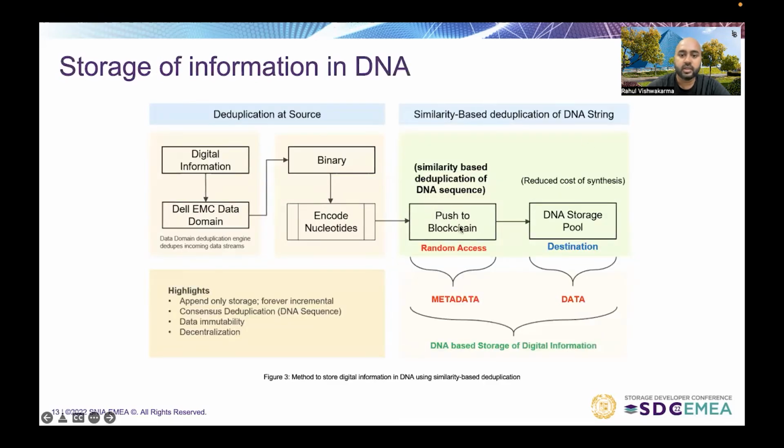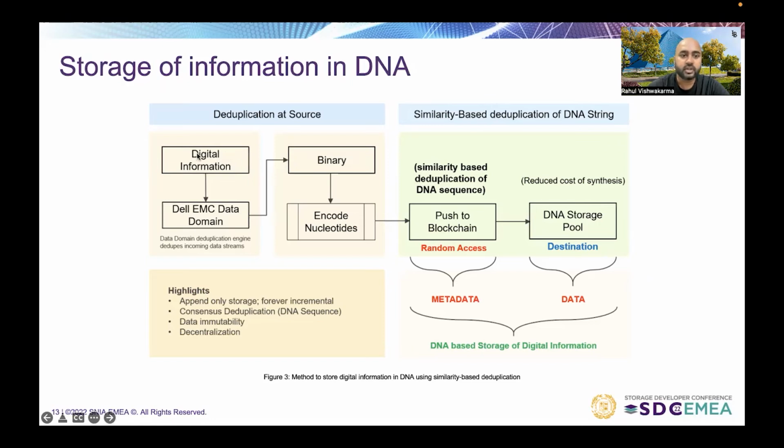Now over here, the prime focus of this slide is random access: once we push the data to the blockchain based on similarity-based deduplication, we will be able to access it with random access. And finally, the metadata will be stored in the blockchain, and the actual data will be stored in the DNA storage pool, which will be our actual destination.